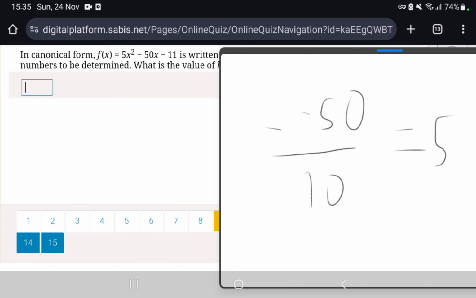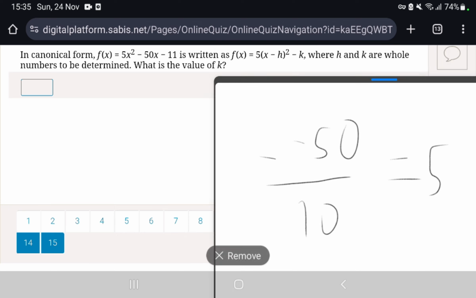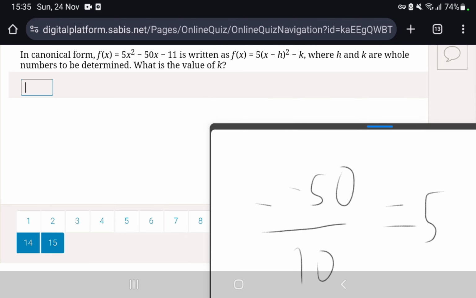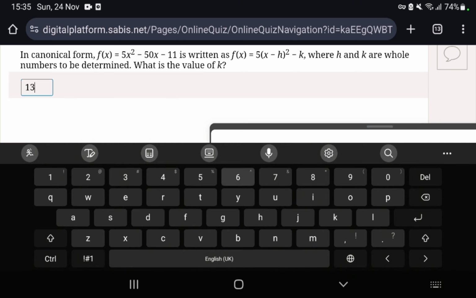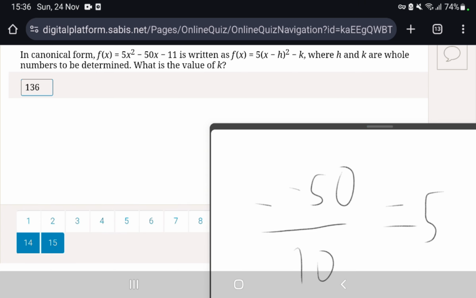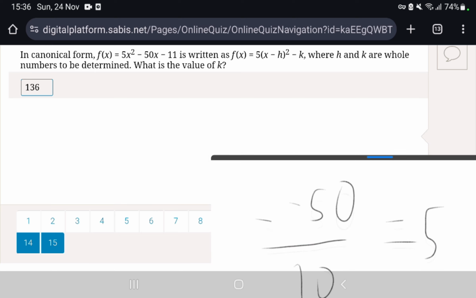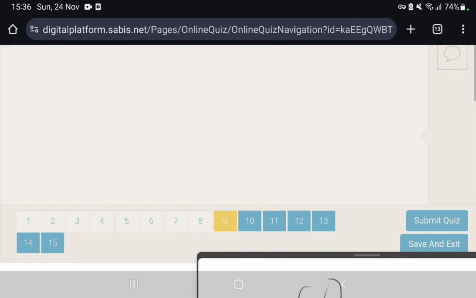Then we substitute 5 in the equation, so we get 125 minus 250 minus 11, which is -136. And since they're asking for only k, it's just 136. Number 10.